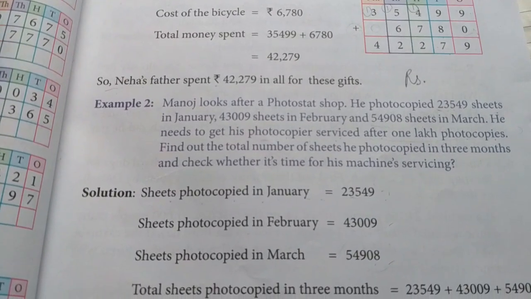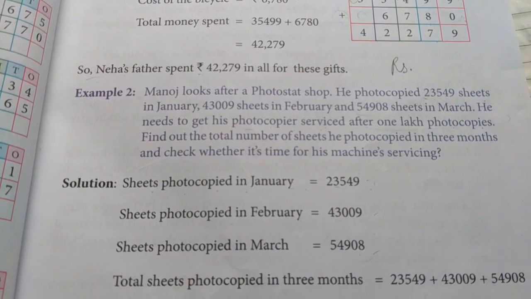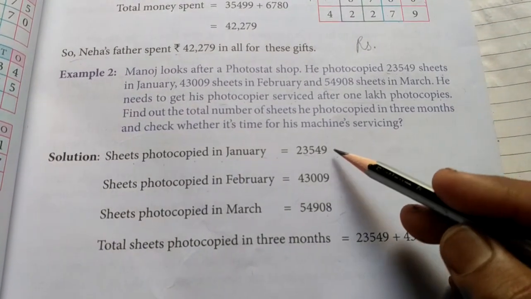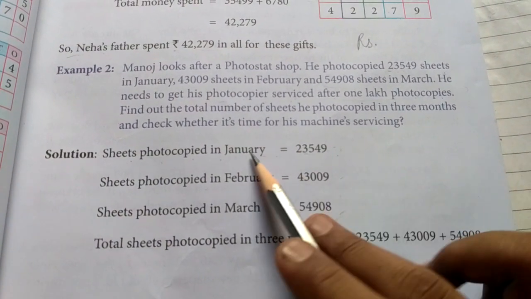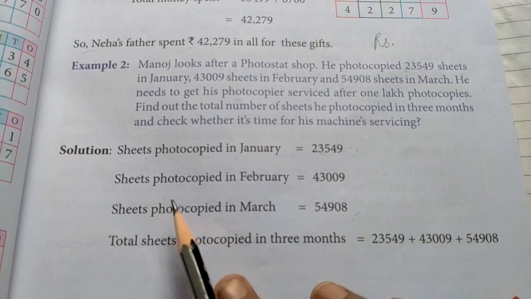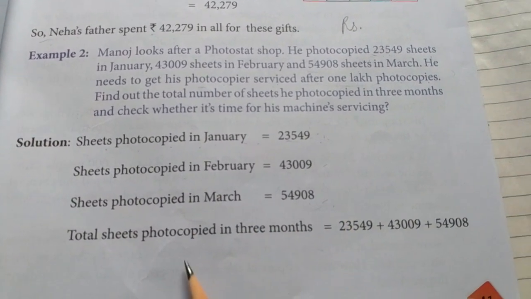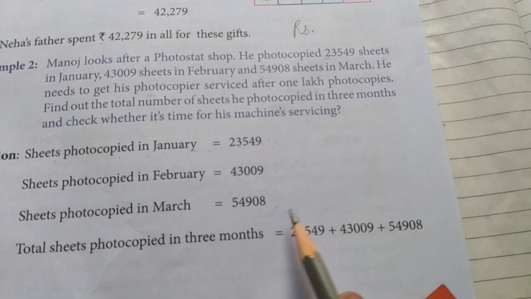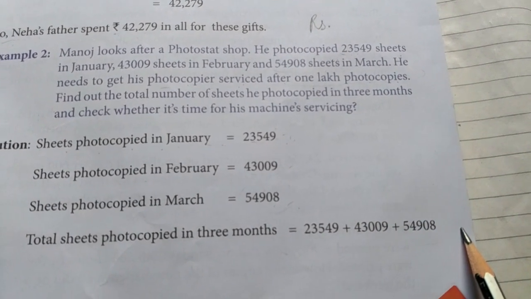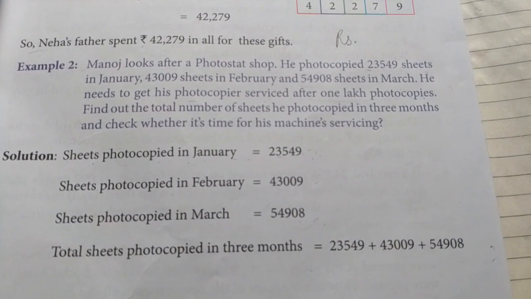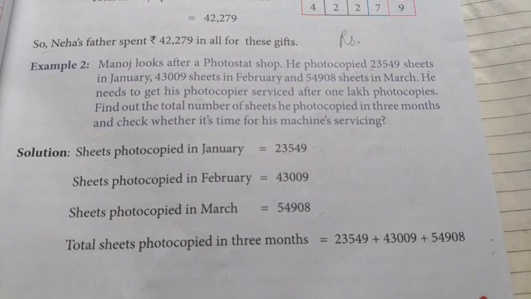Now how will we find out whether he has completed 1 lakh photocopies or not? We can find out by adding these 3 photocopy numbers: sheets photocopied in January, sheets photocopied in February, and sheets photocopied in March. When we calculate the total amount of photocopied sheets, we will come to know whether the 1 lakh target has been completed or whether something is still remaining.